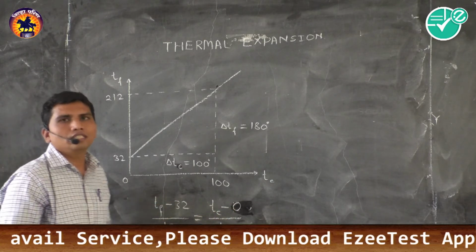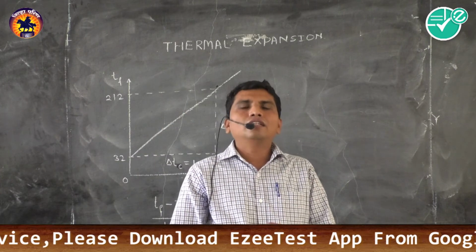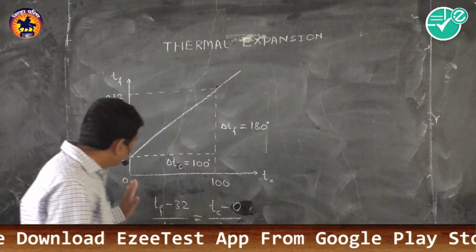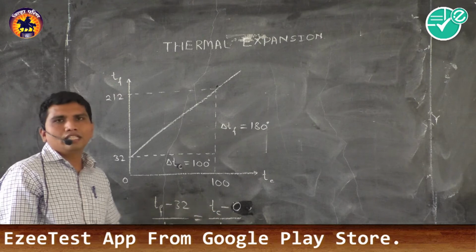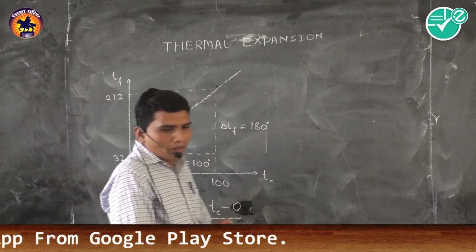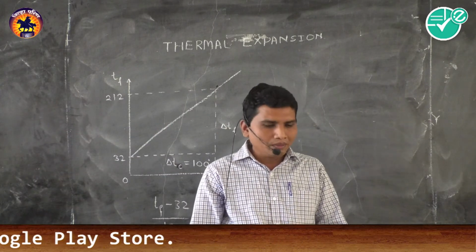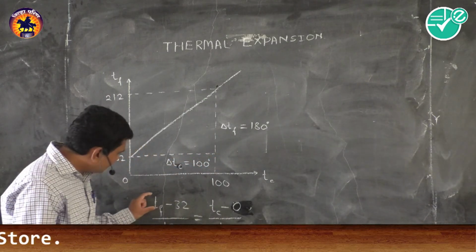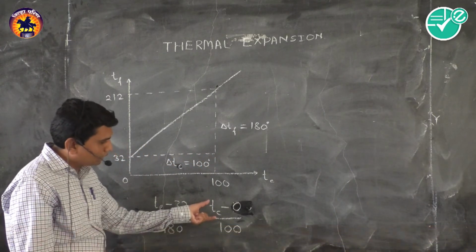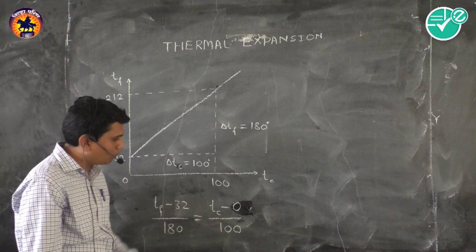So by using this equation, we can find the conversion factor between the Fahrenheit scale and the Celsius scale. We can write this as (Tf minus 32) upon 180 equal to (Tc minus 0) upon 100.